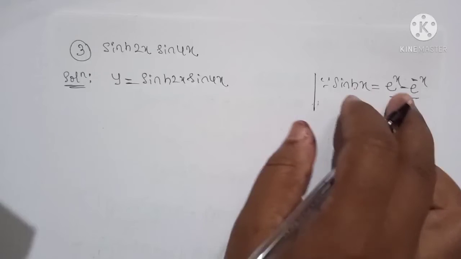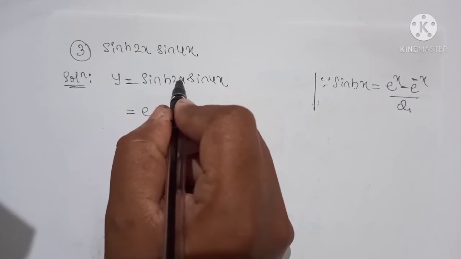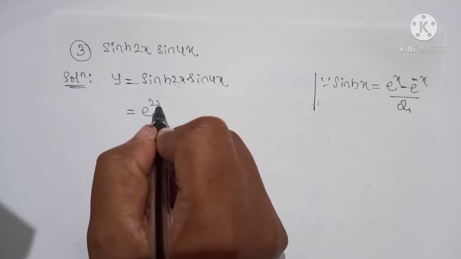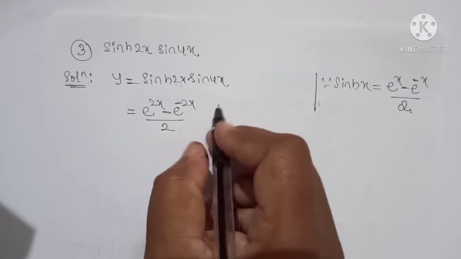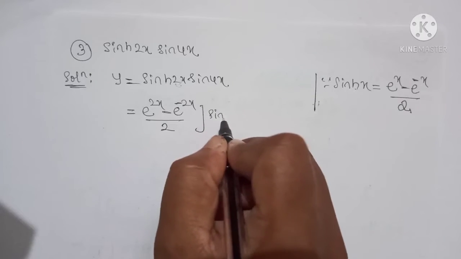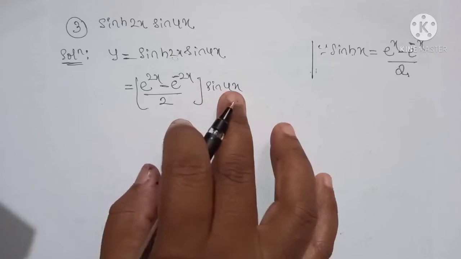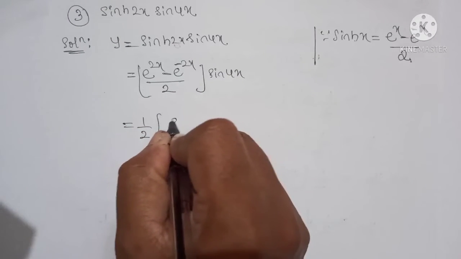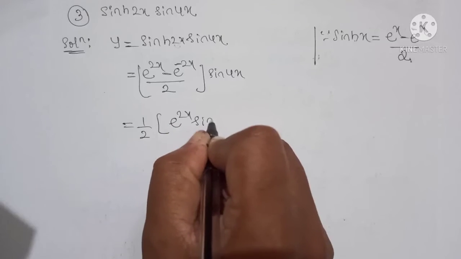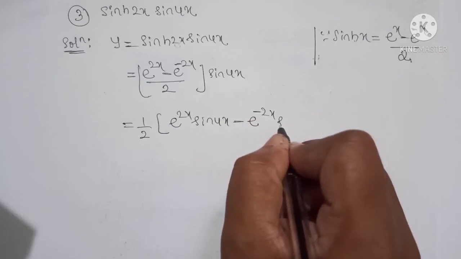Applying this formula, here we have angle 2, therefore e raised to 2x minus e raised to minus 2x divided by 2 into sin 4x. So multiplying this e raised to with sin 4x, we get 1 by 2 taken outside, e raised to 2x into sin 4x minus e raised to minus 2x into sin 4x.